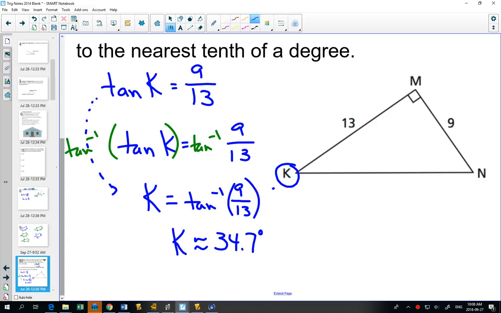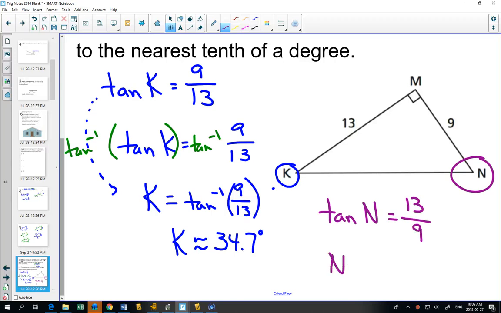I will solve for n using purple, just so that our math stays separate. And sometimes when you're doing your notes, you might want to use different colors at different times to help you keep things separate. Two ways that I can solve for angle n. I could use tan. The definition of tan says tan of angle n is equal to opposite is 13, adjacent is 9.